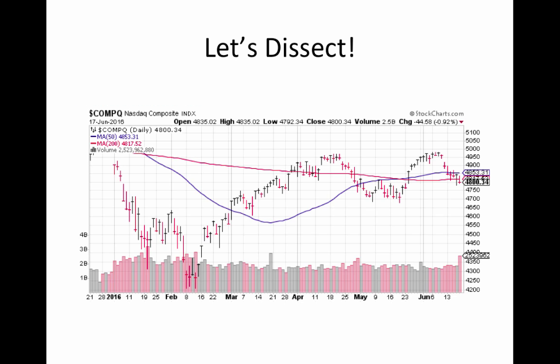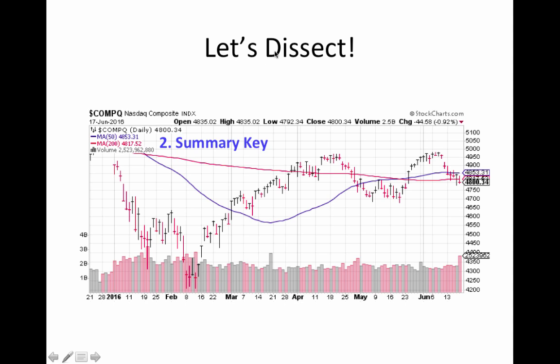Okay, next I'm going to show you the summary key. The first number displayed is 4800.34, which is the last price of the index. You can view charts on daily and even weekly views. Below this we can see the blue and red lines.